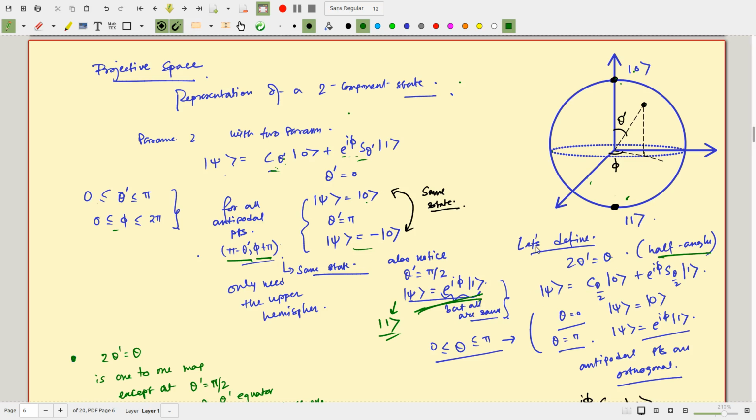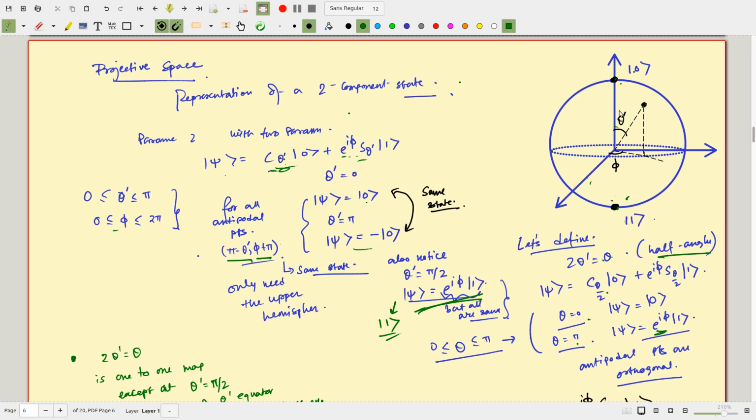Now if I use this new angle, the state becomes psi equals cos theta by 2 0 plus e to the power i phi sin theta by 2 1. And now this theta is again the angle this point makes with the top z axis. If I put theta equal to 0, this point is 0, and if I put theta equal to pi, this point is basically 1, with this uncertainty of the phase factor.